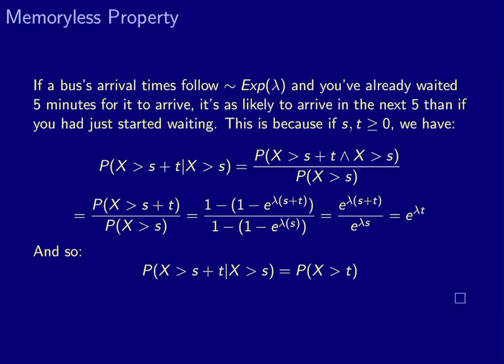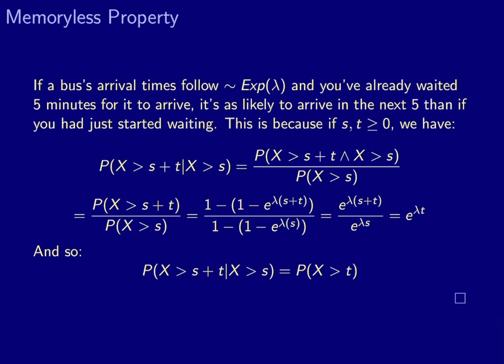So let's look at the proof here. We can simplify this part, this guy to this guy, because s plus t is greater than s. So if x is greater than s plus t, we know x is greater than s. And from there, we just use the definition of the CDF and do some algebra.